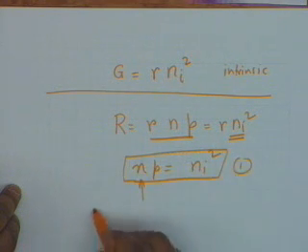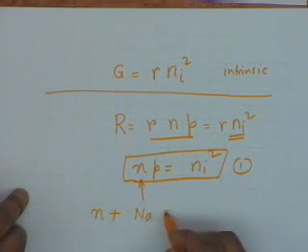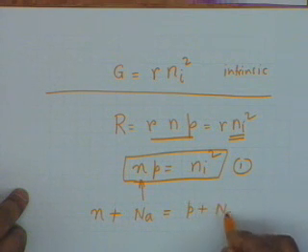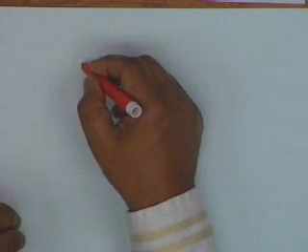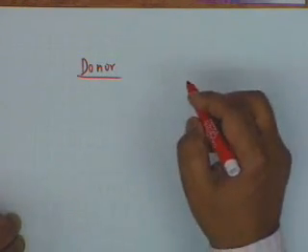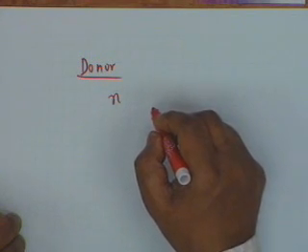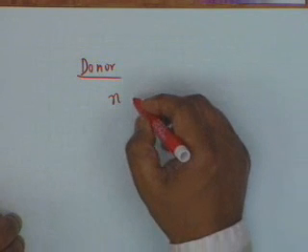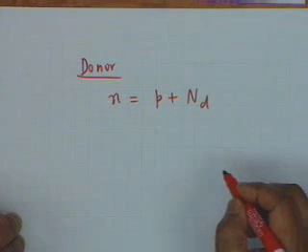And the other relation, which I have already written, is charge neutrality, which requires that N plus Na is equal to P plus Nd. All right, let us consider two special cases, namely a donor type of impurity. Donor type impurity means Na is equal to 0, that means N should be equal to P plus Nd.